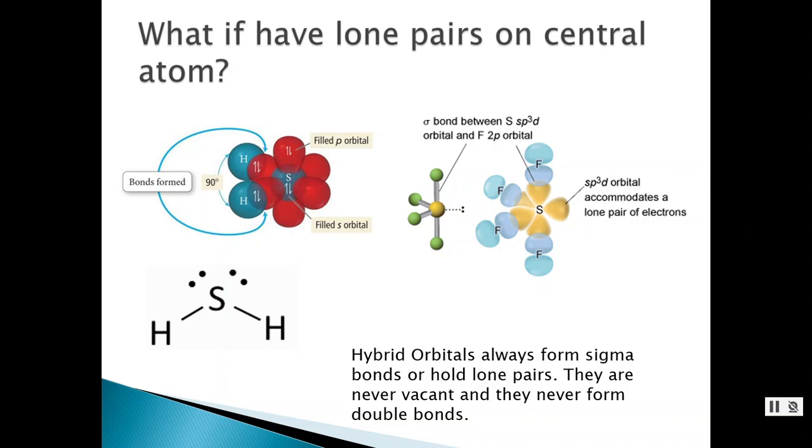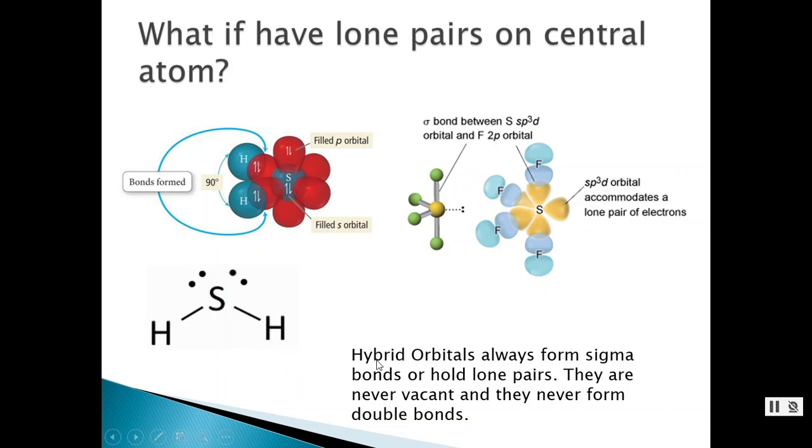We know from previous chapters and in this chapter that many times central atoms will have lone pairs of electrons on them. What kind of orbitals do those lone pairs of electrons occupy? Depends on the central atom, but the take-home message is that lone pairs are always in hybrid orbitals.